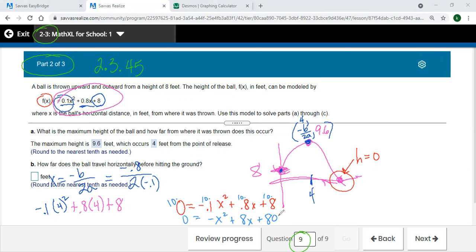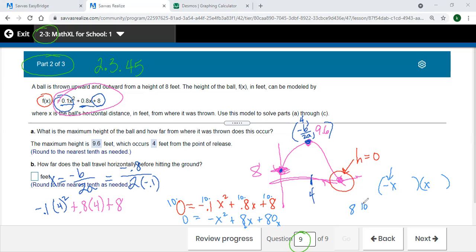And that's 80. So I'm kind of thinking about factoring here. The way I have it, the x's are going to be a positive x and a negative x to get a negative x squared in front. But I need to multiply it to an 80, but have them add up to an 8. But because of the negative, I'm going to be subtracting the two numbers.